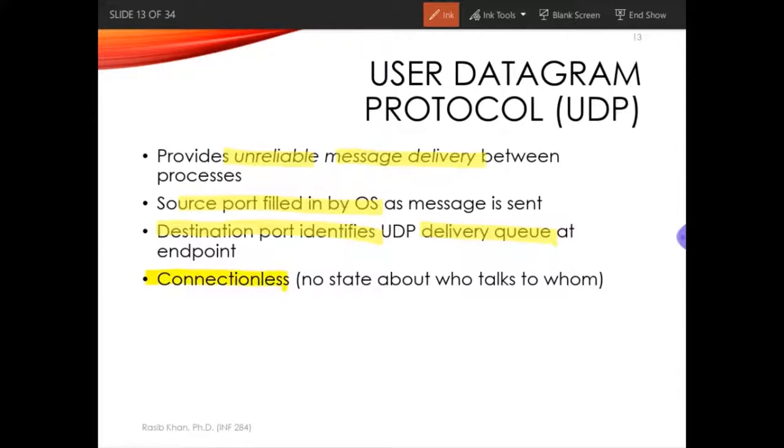The reason why we call it connectionless is because there is not a preset connection between the source and the destination that is set up before the packet is being sent. It is very dynamic and ad hoc, and there is no information regarding the transmission that is occurring between the source and the destination.